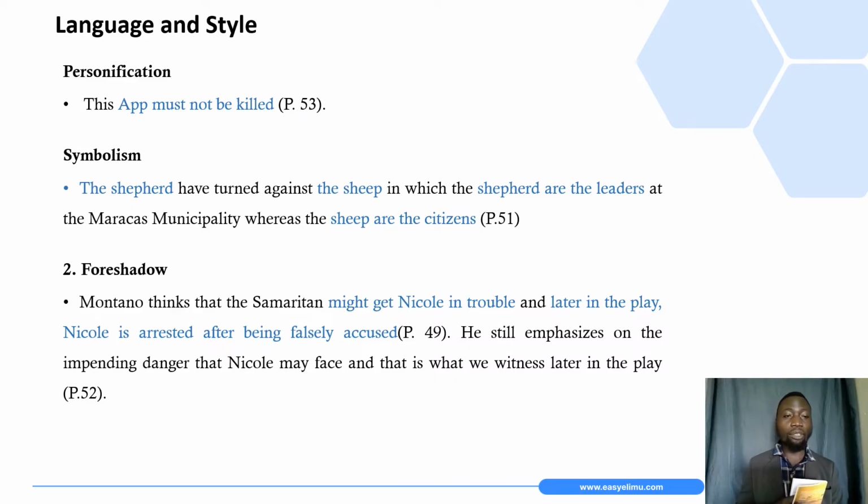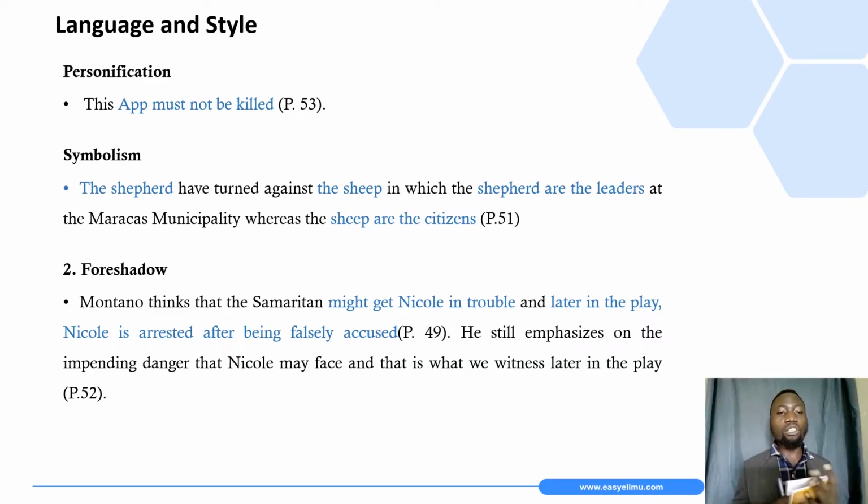This is an aspect of style that uses a language, or maybe a word, that symbolizes something. So the shepherds have turned against the sheep, in which the shepherds are the leaders at the Maracas municipality, whereas the sheep are the citizens.